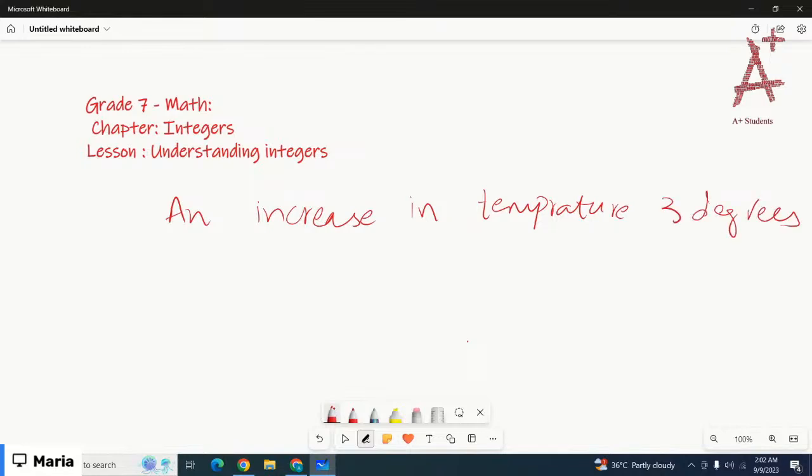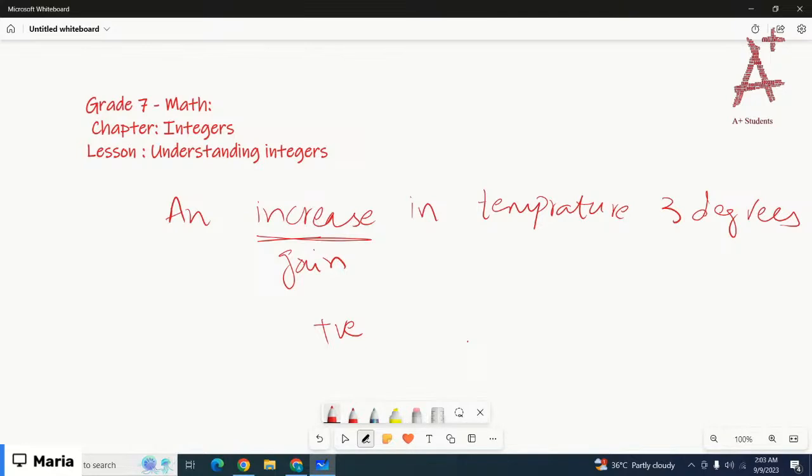In math we're working with numbers, so how do we represent increases? Increase or gain, for example. Whenever we have to represent an increase or gain, you always use a positive number.